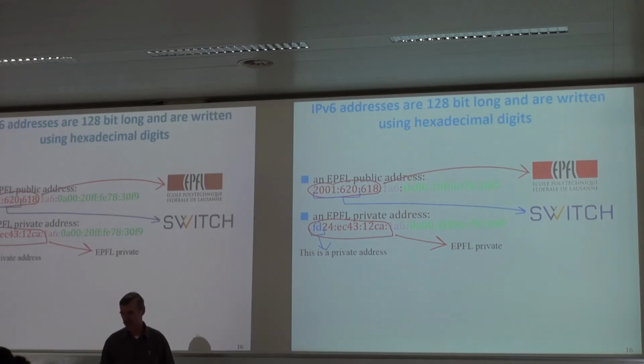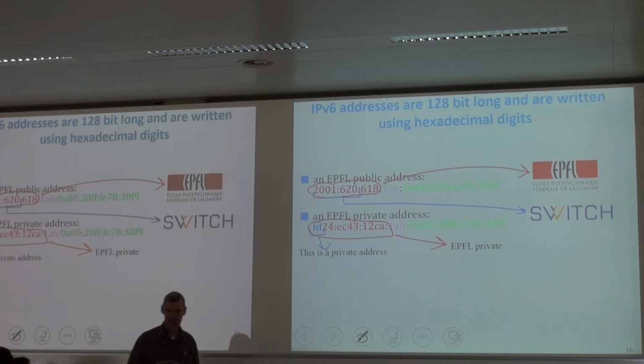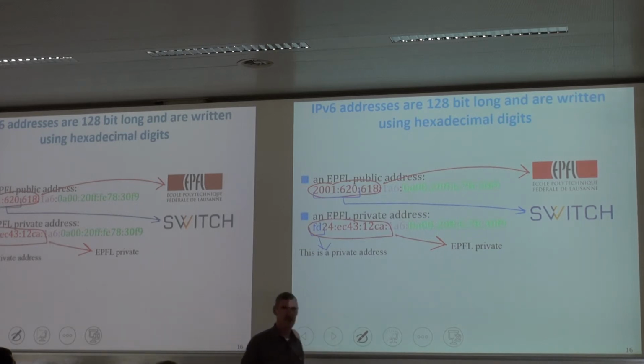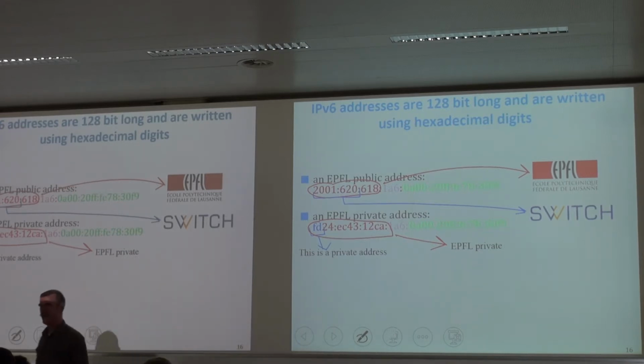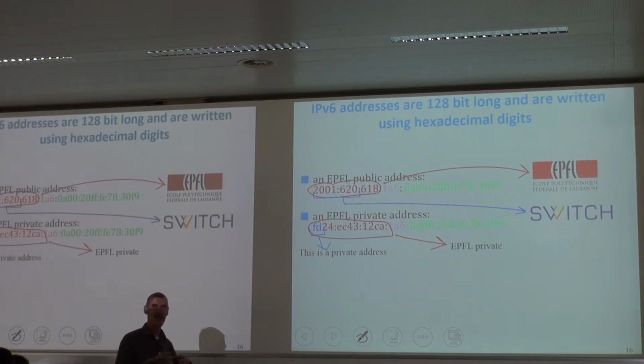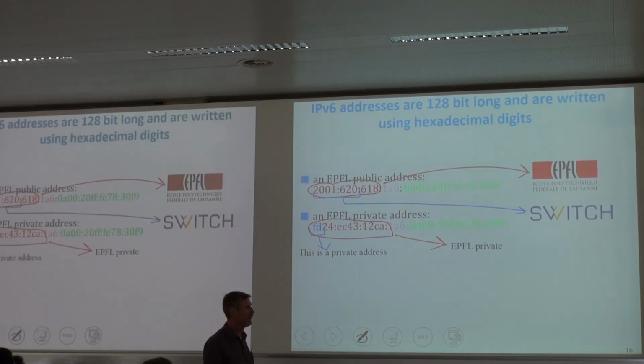We also have at the second line a private address. Similar to IPv4, there are also private addresses in IPv6. The main difference now is that there are as many private addresses as there are globally unique, so public, IP addresses in IPv6, because there are many bits in IPv6, so we can do whatever we want.